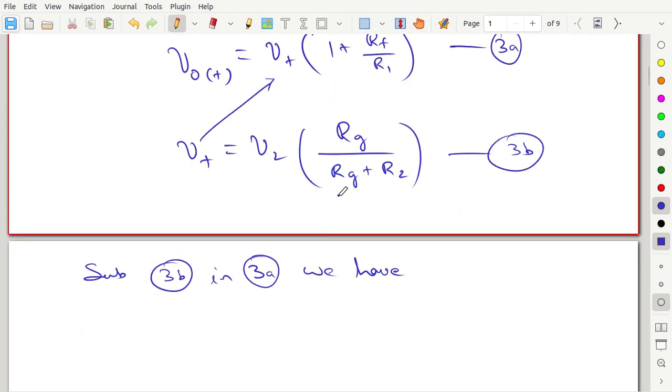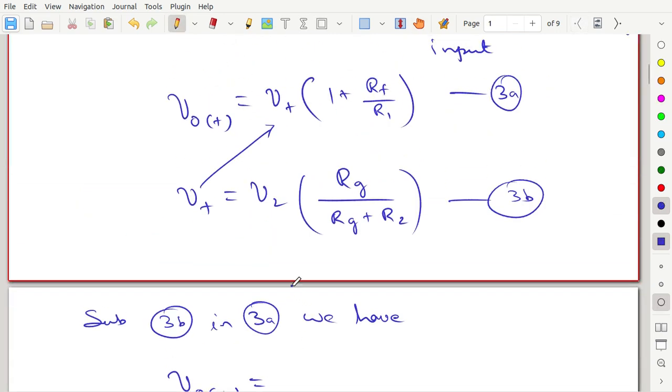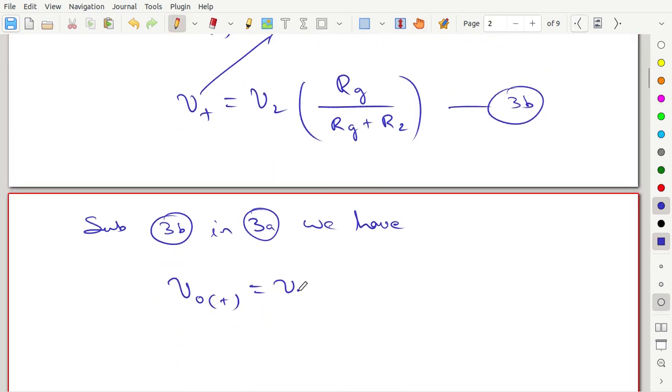Therefore the output voltage due to the non-inverting input is V2 times Rg divided by Rg plus R2.